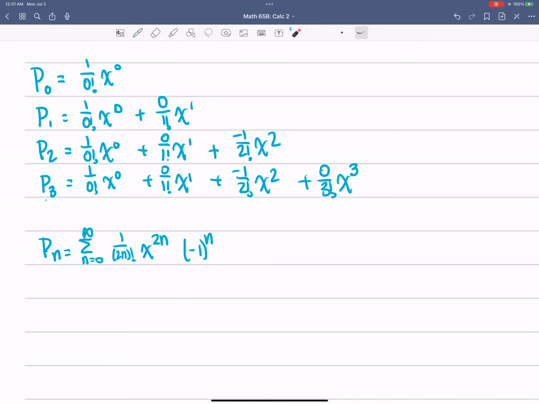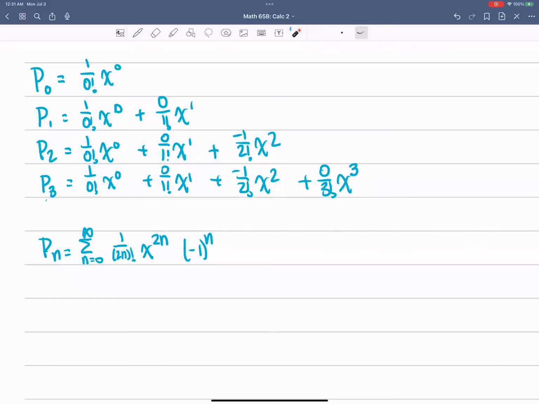Let's see. So we have our negative, positive. So that one's plus, minus, and the next one would have been plus. So starting off with even. So starting off with 0, we have positive. And we have x to the power 0 when we plug 0 in, divided by 0 factorial.